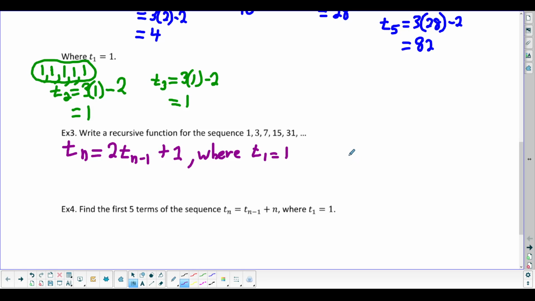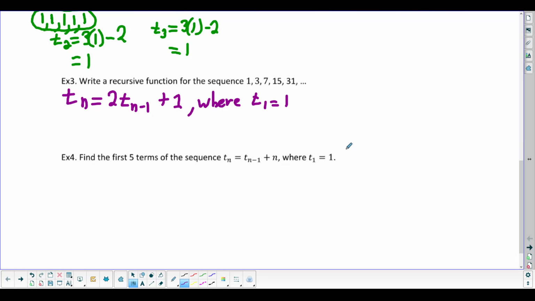Okay, so there's another thing that can happen in our equations that we can see in this last example here. And that is where we have an n value in the equation. So this is our new term is the previous term plus n. So this is an example where the actual value of n is important to finding the term. Let's see what happens to our pattern. So it says T1 is 1.